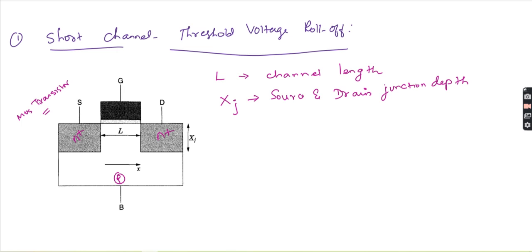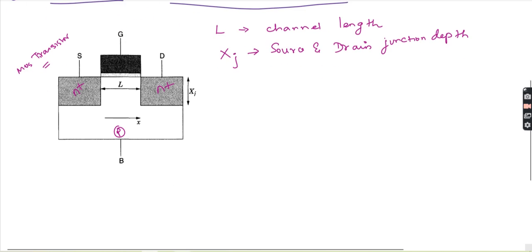Now you can see the surface potential of the short channel and long channel devices before strong inversion, like in this figure.